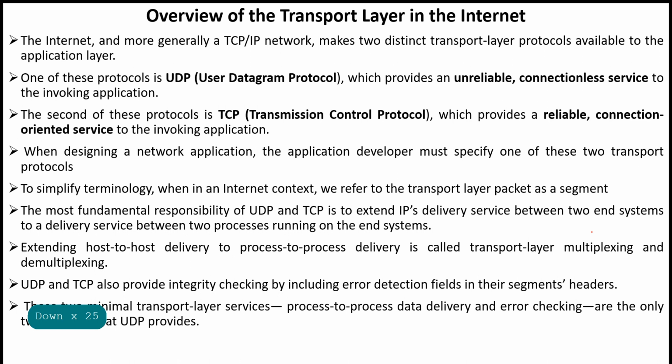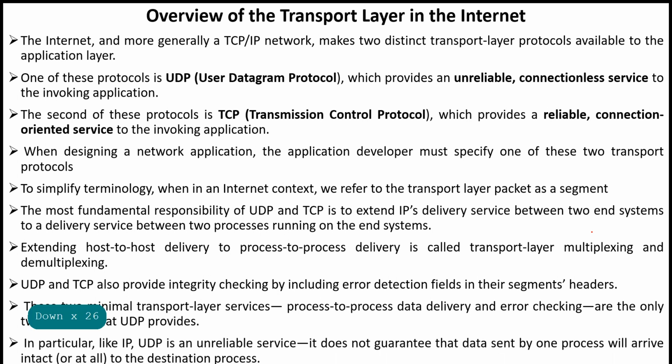These two minimal transport layer services, process to process data delivery and error checking, are the only two services that UDP provides. In particular, like IP, UDP is an unreliable service. It does not guarantee that data sent by one process will arrive intact to the destination process.